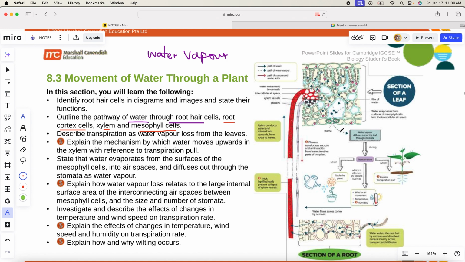So the water will never be enough for the plant. The plant will continuously look for water.